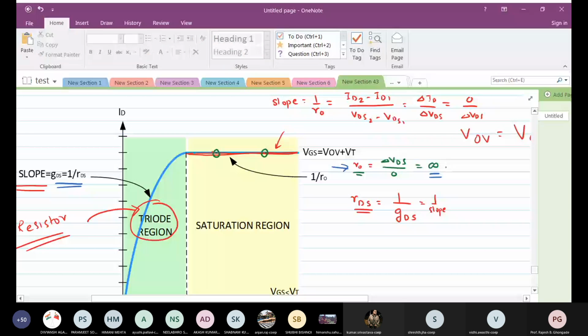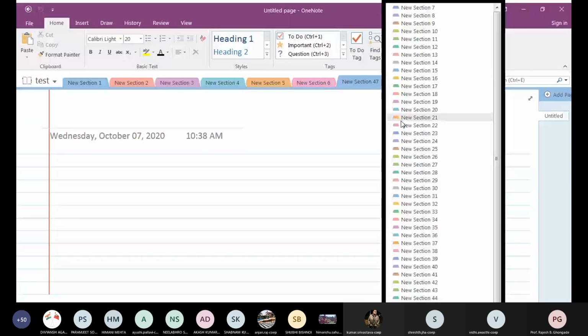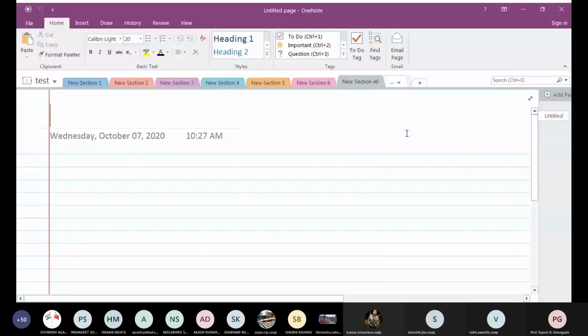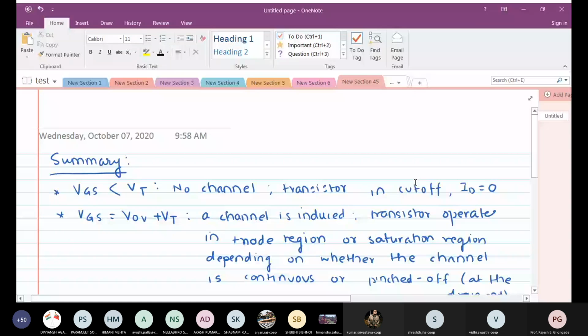Are you getting this? Output resistance is infinite in the saturation region, right? But in a practical device, we have a finite value.